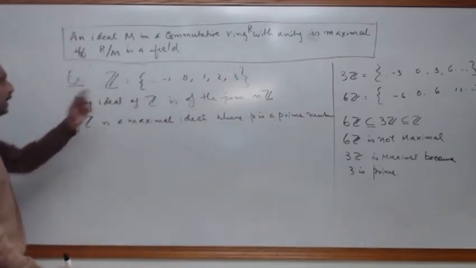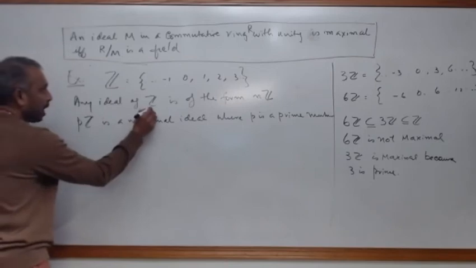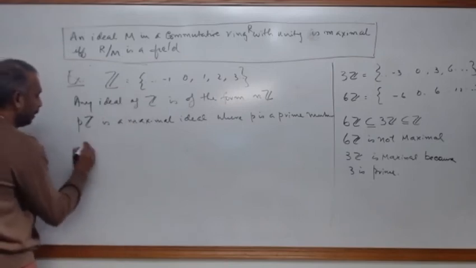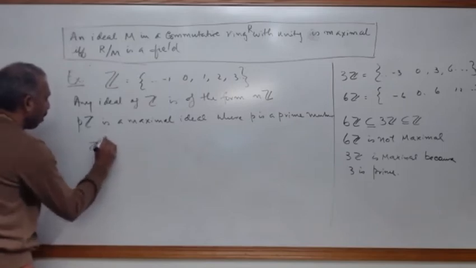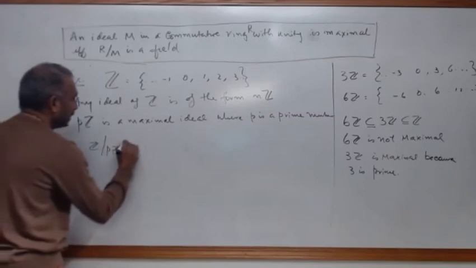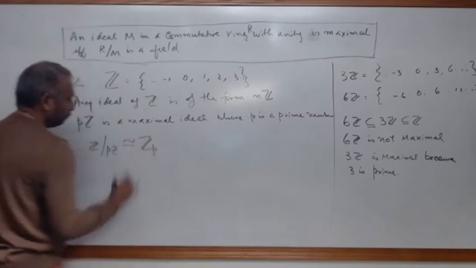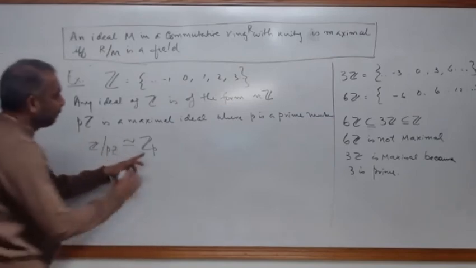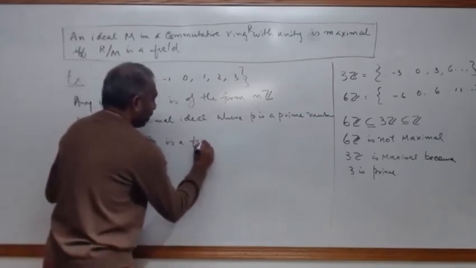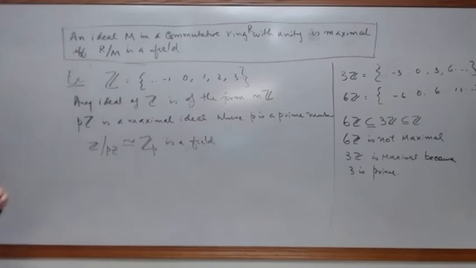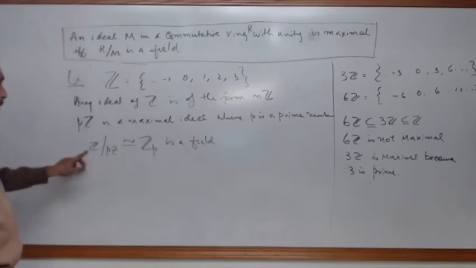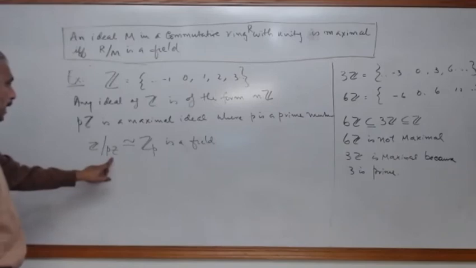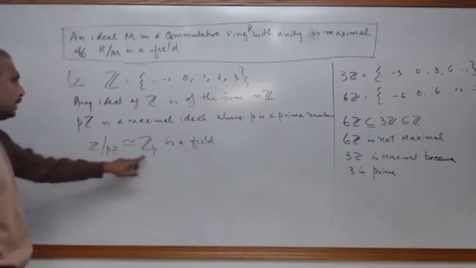See what happens if you take the quotient here. This is our R, this is our M. If you take the quotient, Z over pZ is isomorphic to Z_p. And Z_p is a field, definitely. It's a finite field. So that actually matches with our result here. This is our R, this is our maximal ideal, and when you take a quotient, you will get a field.